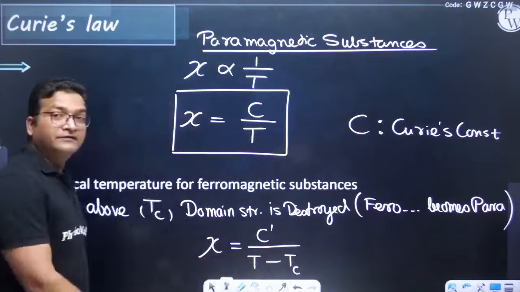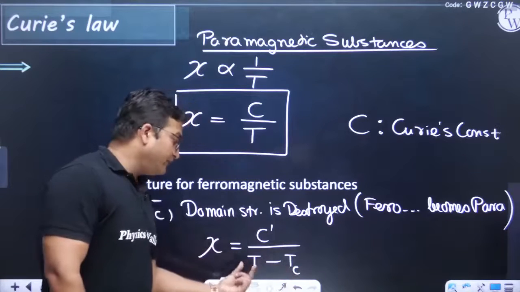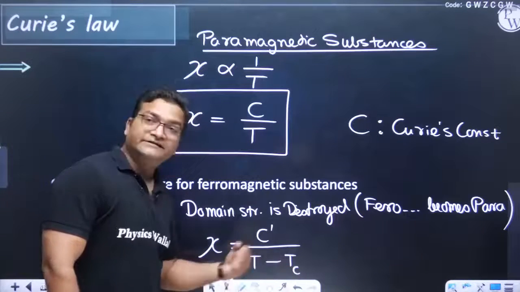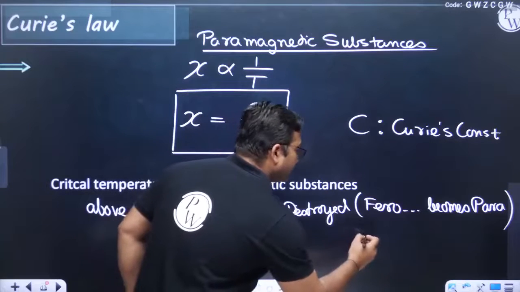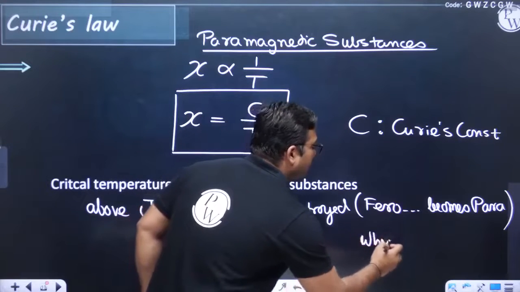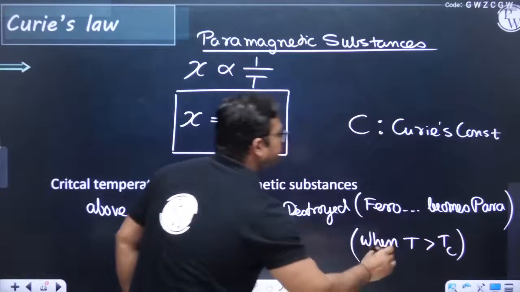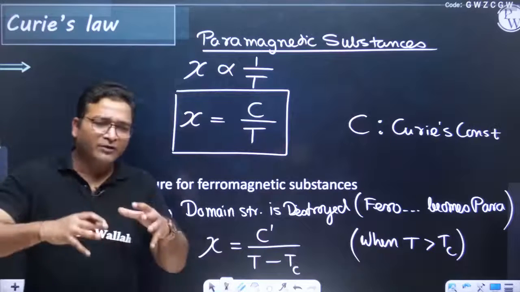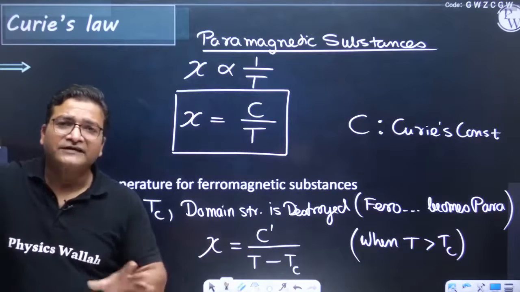Remember, this happens at a temperature above Tc. So this law is followed when the temperature is more than the critical temperature. Otherwise, if a ferromagnetic substance has a temperature less than the critical temperature, this has no meaning there.